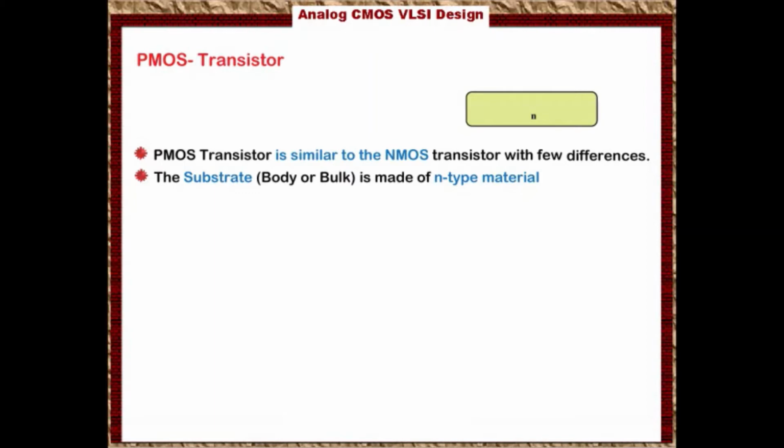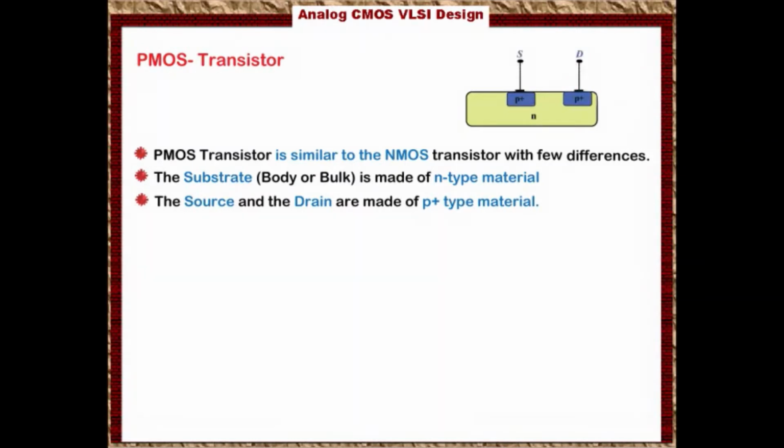Then we have the source and the drain, and the source and the drain are made of heavily doped P+ type material. Then for the gate we're going to have silicon dioxide and the poly layers to constitute the gate.